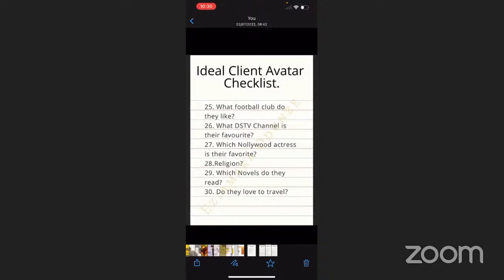She likes all the football clubs of her children and husband. In fact, incidentally, all her children are in different football clubs: Arsenal, Manchester, Liverpool, and Chelsea. So she just loves all of them to make each one of them happy. Her DSTV channel is Dove Media and CNN.